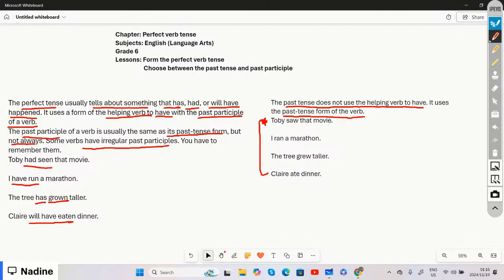And if we were to select our past tense form of the verb, right? That says Toby saw that movie, and then we can say saw is our past tense verb.